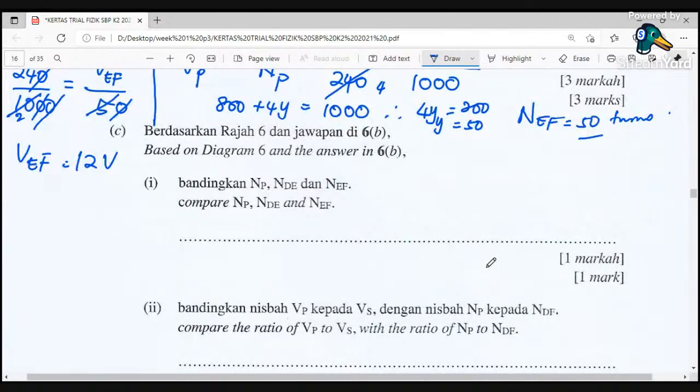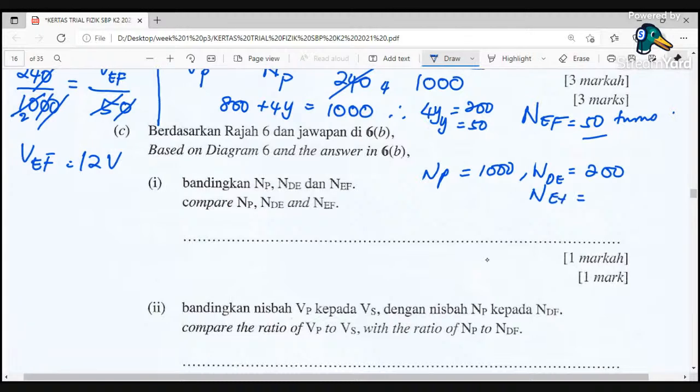Okay, compare NP, NDE, and NEF. You know for NP is 1000, NDE is 200, NEF 50.